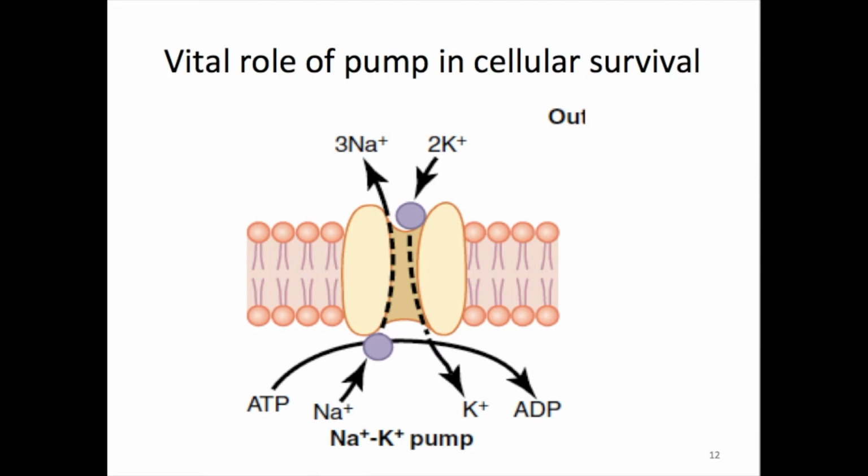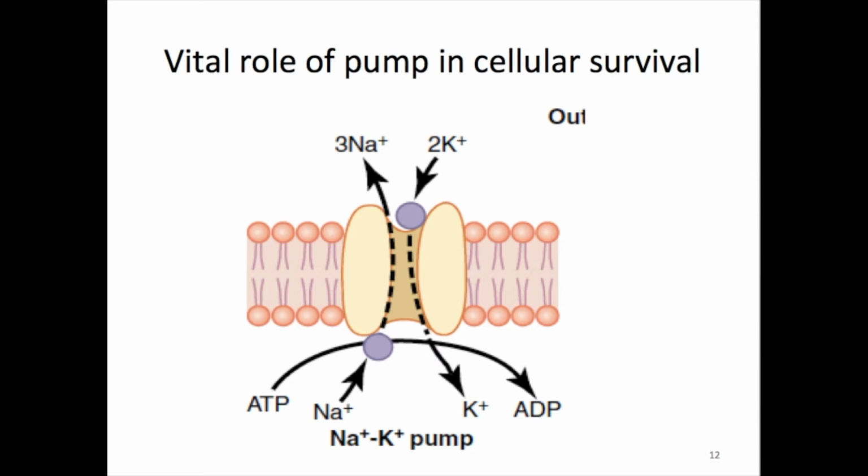Now, how does it play a vital role? You see, a large number of proteins and other organic molecules are present inside the cell, and these cannot escape from the cell because of their large size. Further, these molecules are mostly negatively charged.